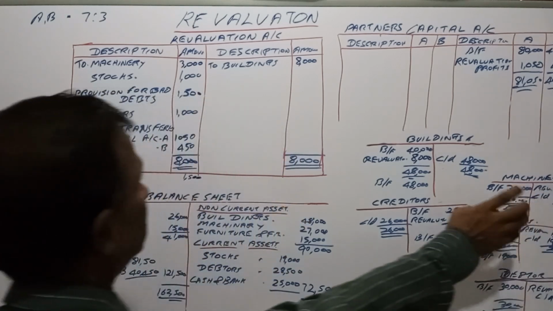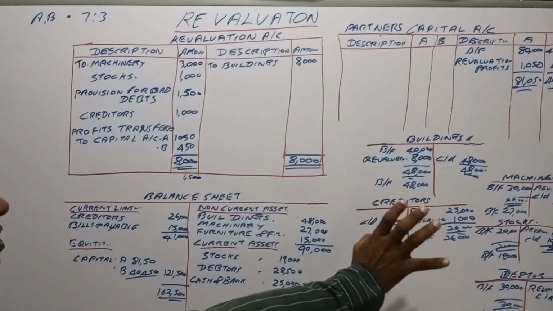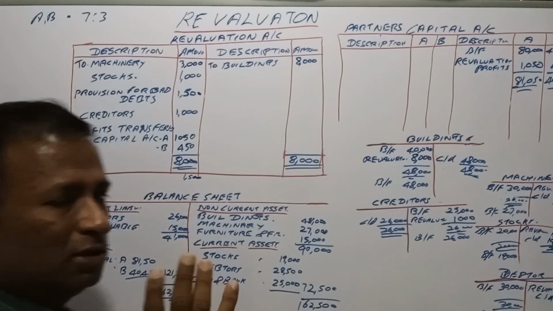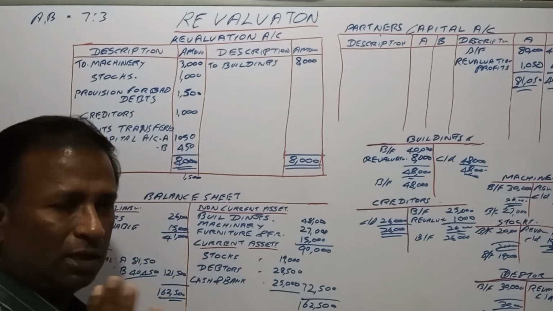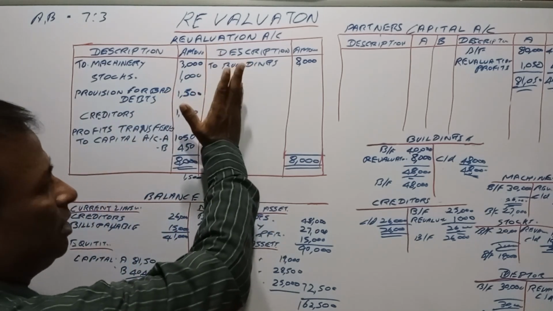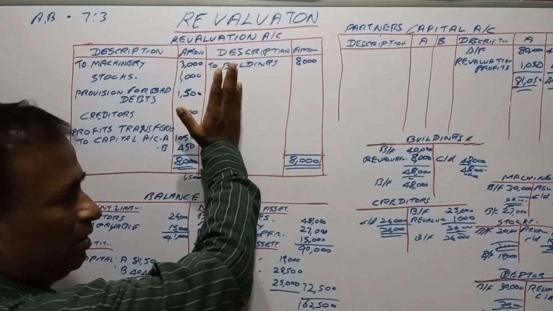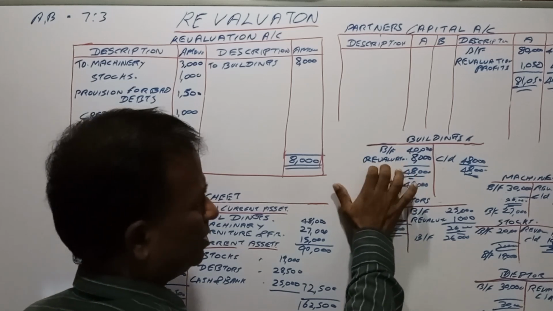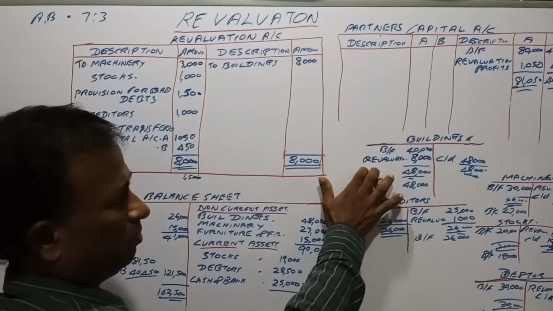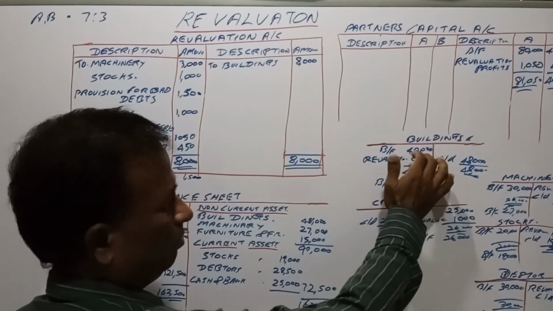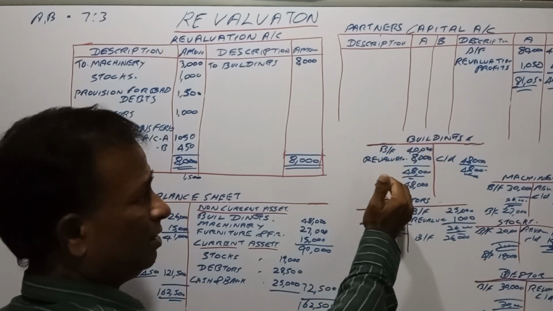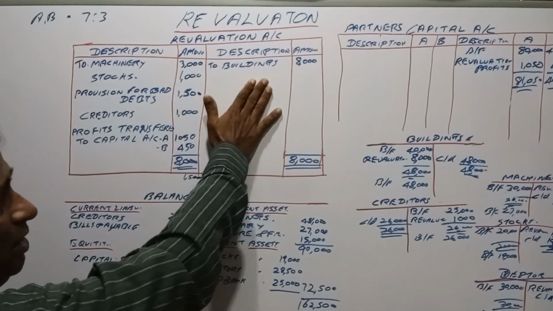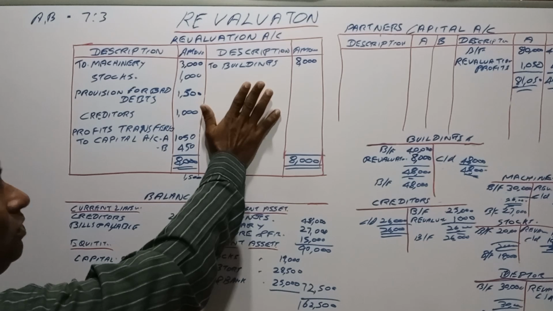So the asset account is credited and the revaluation account debited. Instead of debiting the depreciation account, you are debiting the revaluation account. Here also, when the building value is appreciating by 20%, the building account is debited and credited to the revaluation account.